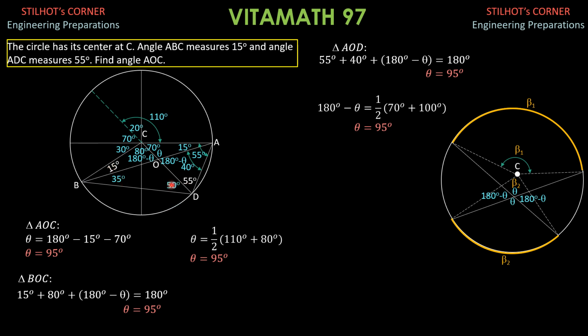And therefore, this is equal to theta as shown in the figure. In triangle BOD, the sum of the interior angles is 180. So theta is 180 degrees minus 35 minus 50, so theta equals also 95 degrees.